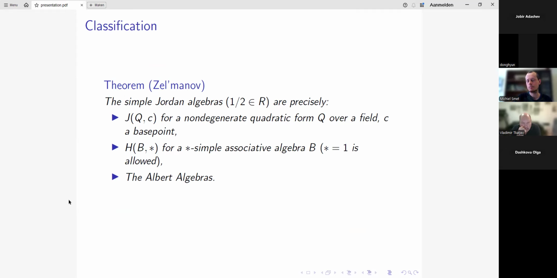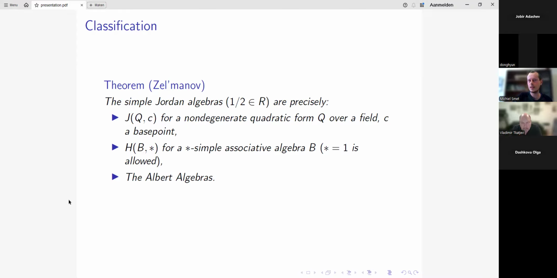So there are three classes of simple Jordan algebras. I will start from below. Firstly, you have the Albert algebras, which are forms of H3 of the octonion algebra. We had the construction of a Jordan algebra starting from an associative algebra. If you do this for a simple associative algebra, you obtain a simple Jordan algebra. In case your associative algebra has an involution, you can look at the Hermitian elements.